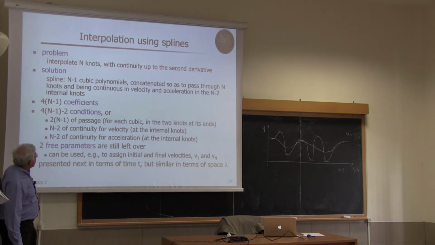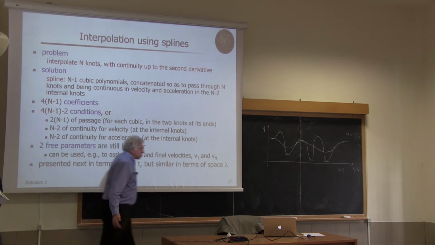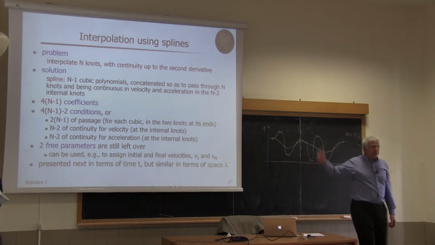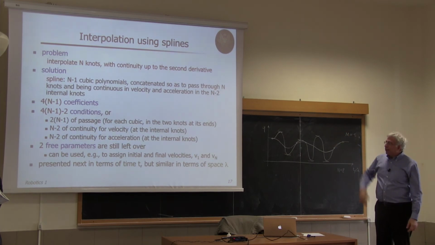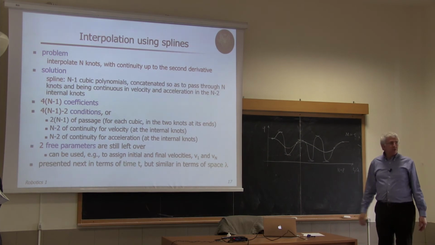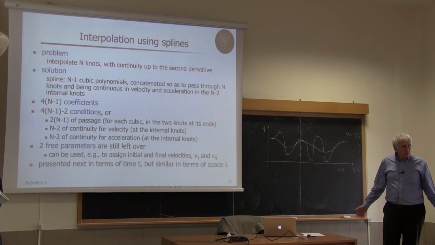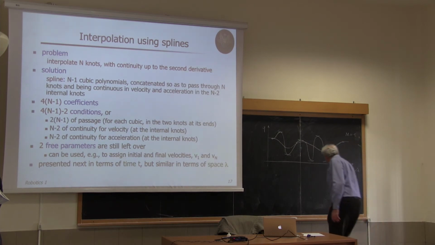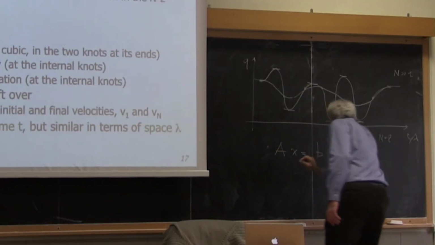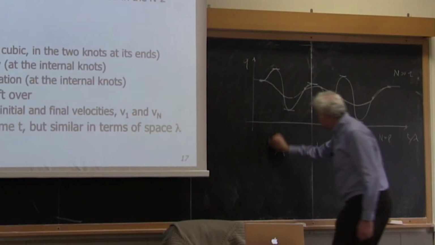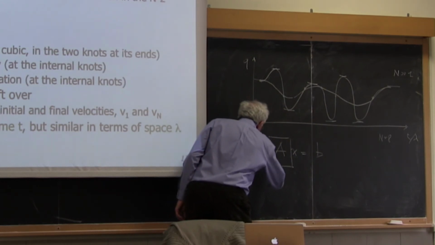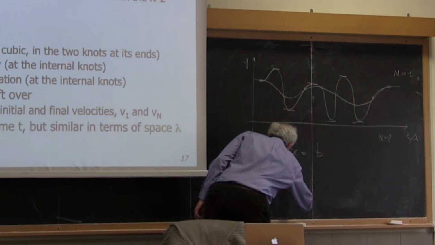Okay? So, having said this, I could simply conclude by saying, okay, you set up these 4n minus 1 equations in the 4 times n minus 1 unknown coefficients. It's a linear system of the form A times x equals b, and A is 4n minus 1 times 4n minus 1.